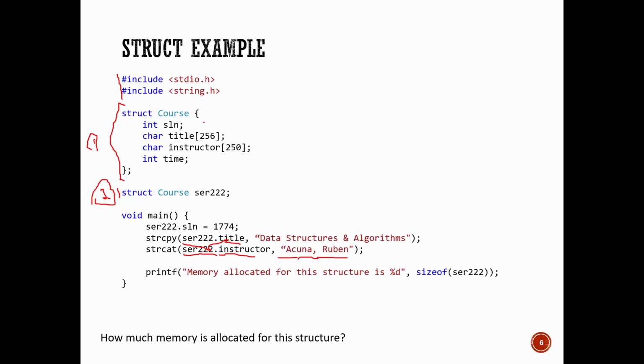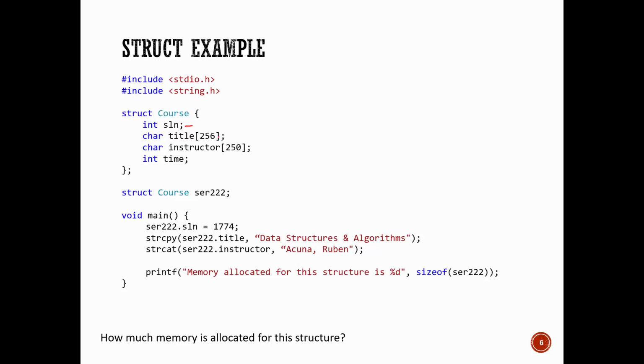Maybe you think, okay, I need space to store each of these four things. So what I need to do is figure out how big each of them is, and then add them up. Four bytes for my integer. SLN is going to be our four bytes here, because that's the size of an integer. Title is 256.